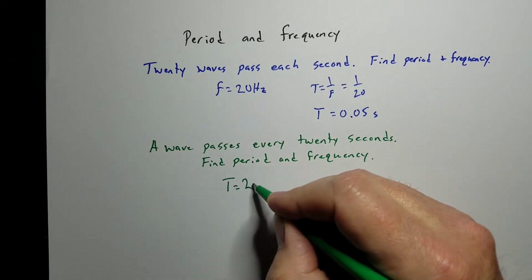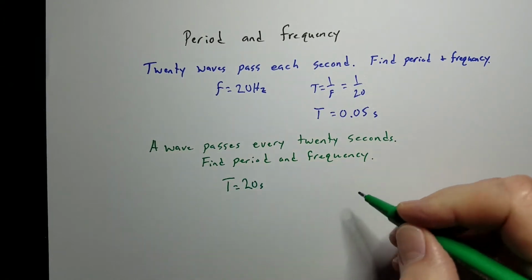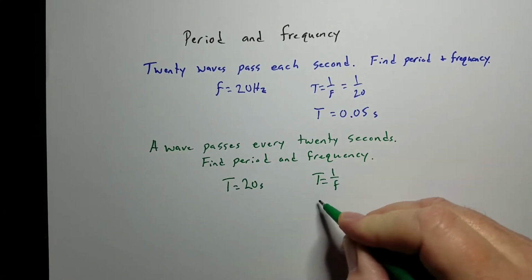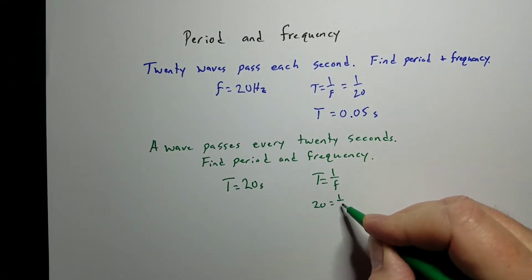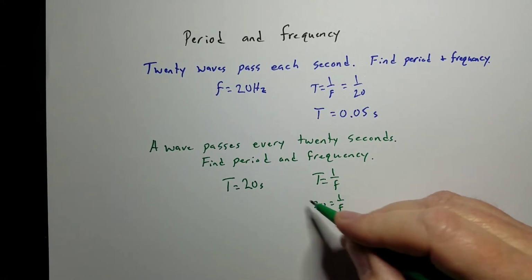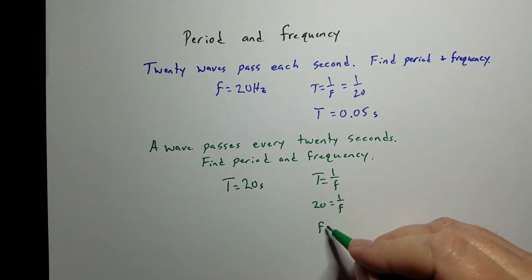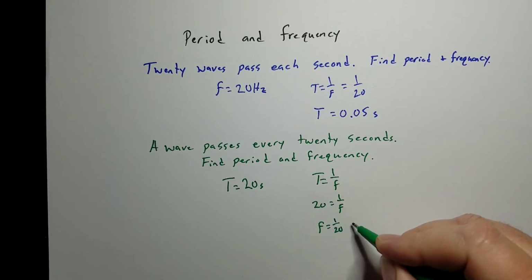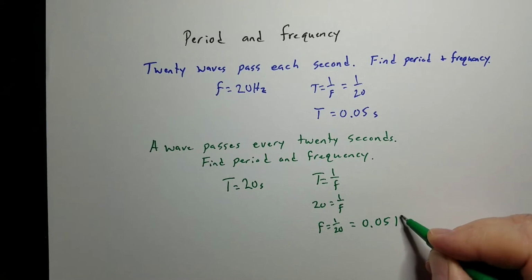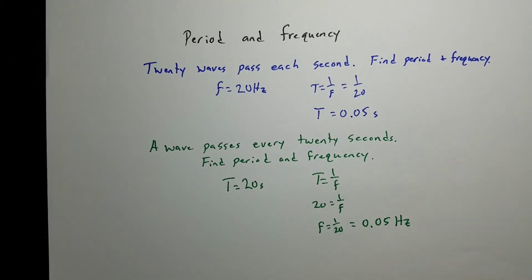The period is 20 seconds. And that means if we want to find the frequency, it's the inverse. Super secret metric is what I call it when you swap these two up. So the frequency will be 0.05 hertz for that.